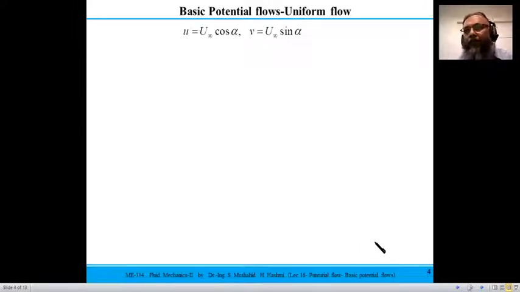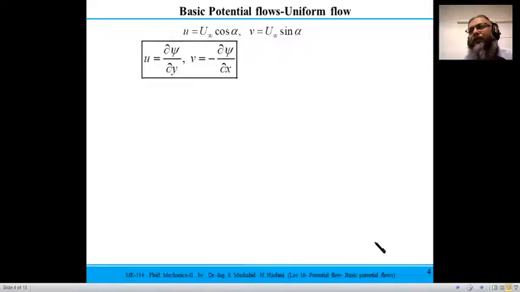Let's say we have the velocity components, so we know the velocity field, and next is to work out the corresponding stream function. From the definition of the stream function, if you know the stream function and differentiate with respect to y, you get the u component of the velocity. Similarly, if you differentiate it with respect to x, you get the negative v component of the velocity.